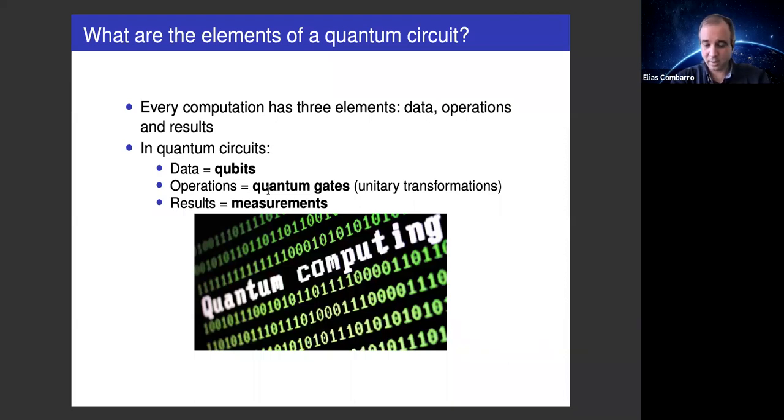So data is the equivalent of these qubits that I've been talking about, and that I will define more precisely in a minute. Then we have operations that we perform with unitary transformations, which are the quantum gates that we have in these circuits. And then in order to obtain results, we need to measure the value of these qubits. Let me explain a little bit what each of these elements is in detail, in order to understand a little bit better how to program a quantum computer.